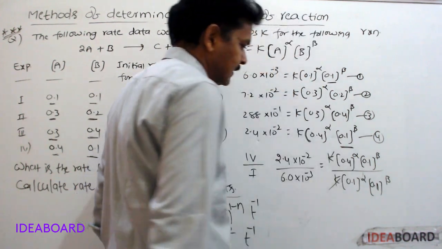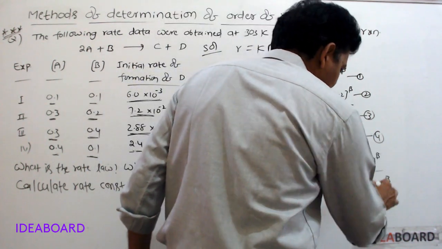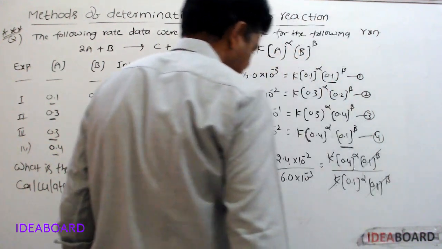This K will get cancelled. 0.1 power beta, 0.1 power beta will get cancelled.